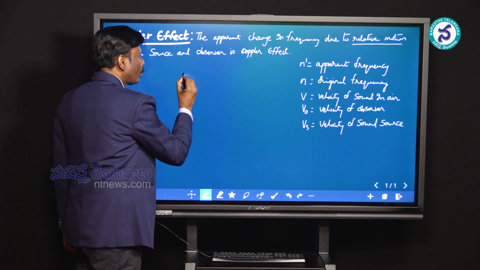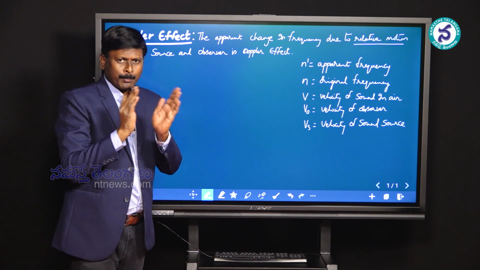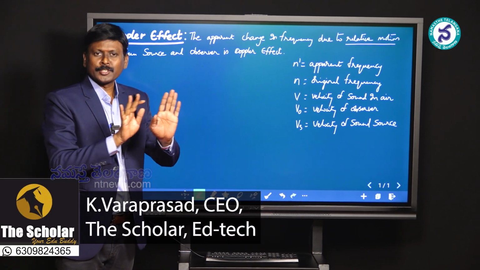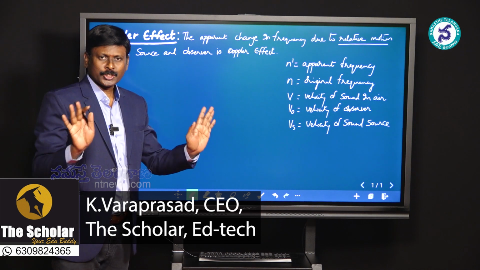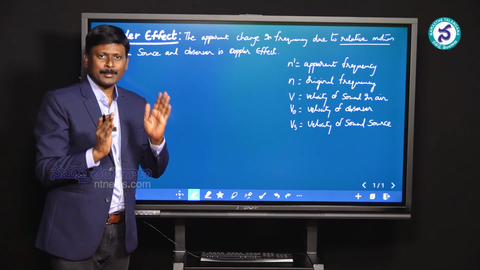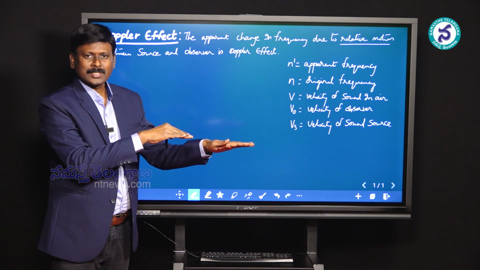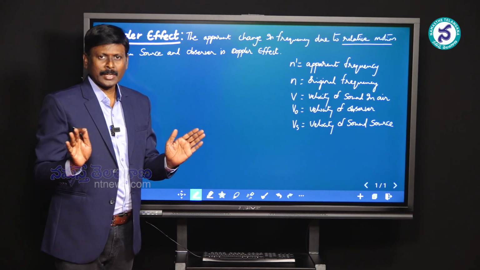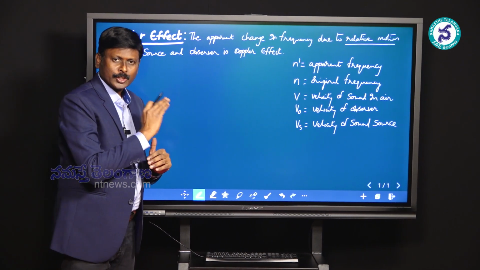When the source and the observer are both at rest, then there is no relative motion and no question of Doppler effect. If the source and the observer move with the same velocity, again there is no relative motion and no question of Doppler effect.